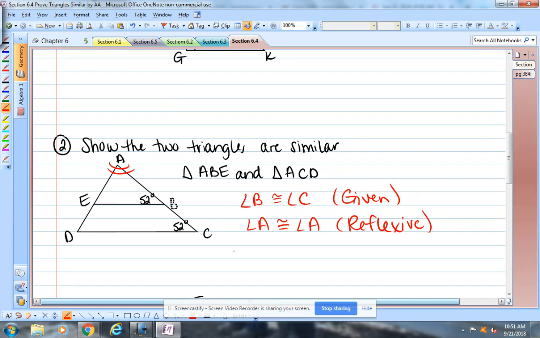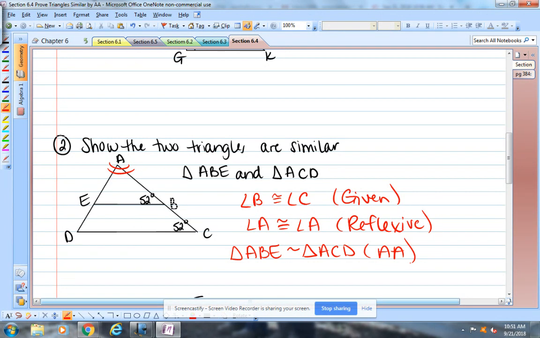So now I can say triangle, and make sure that the correct ones that correspond with each other are the ones that work. That's true because A and A is together and B and C are together, and those are the two that I have congruent. So triangle ABE is similar to triangle ACD because of the angle-angle postulate.